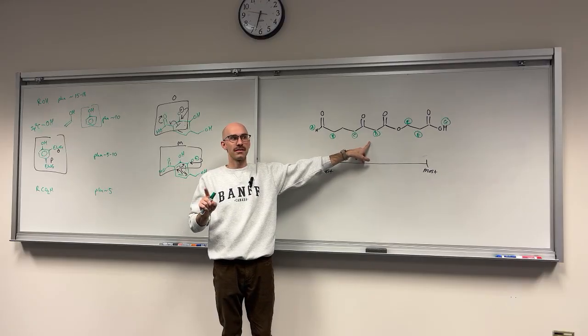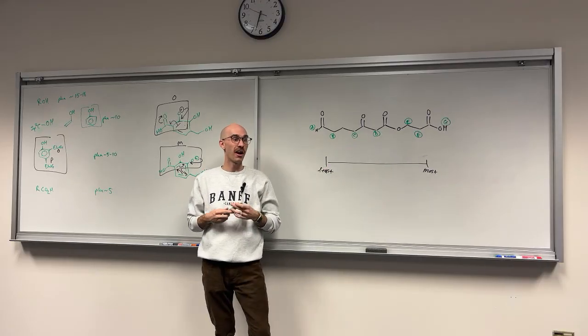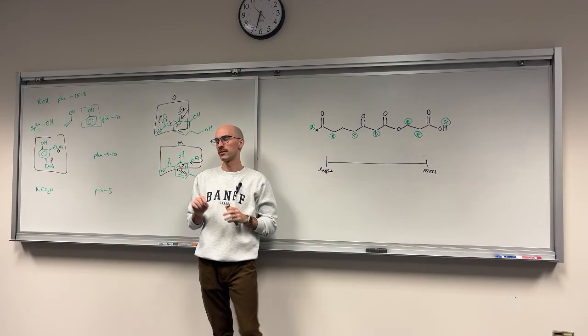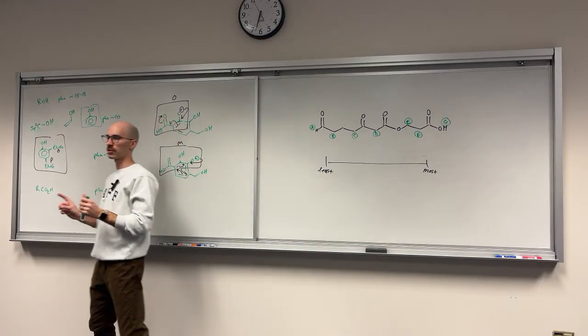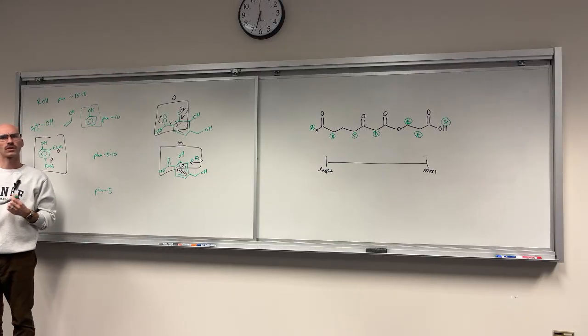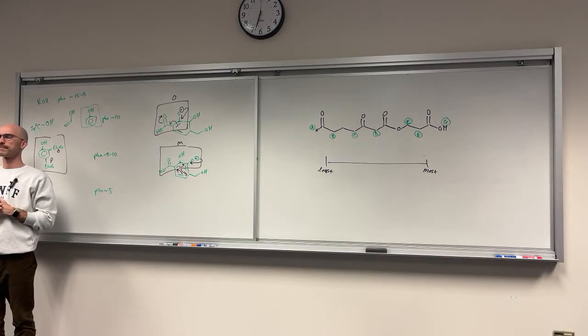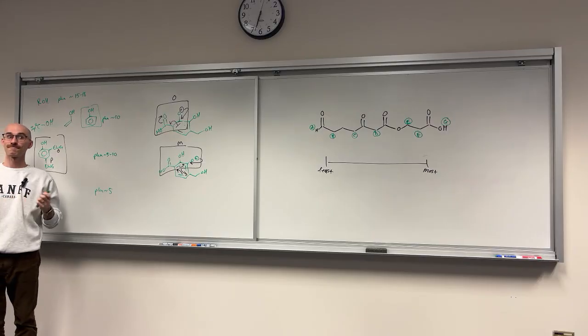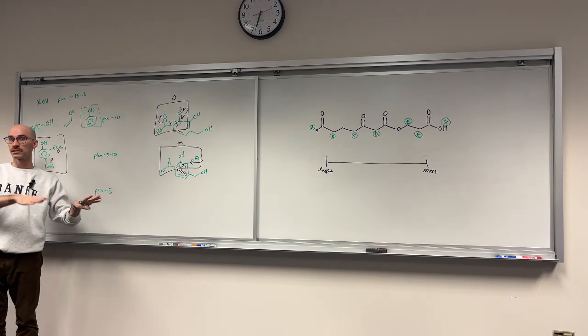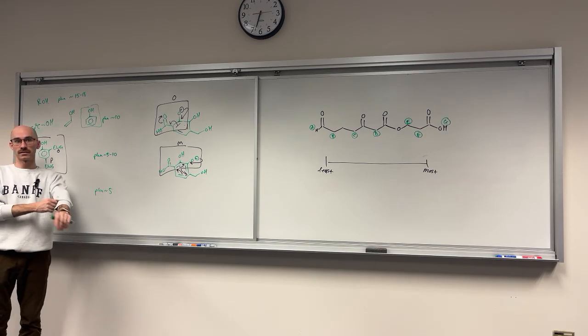Yes, except for where the hydrogen is coming from in the first place. What's easier, taking a hydrogen from a carbon or taking a hydrogen from an oxygen? Why? Oxygen's more electronegative. There's a stronger dipole in the bond between O to H and C to H, regardless of how stabilized the conjugate base is.